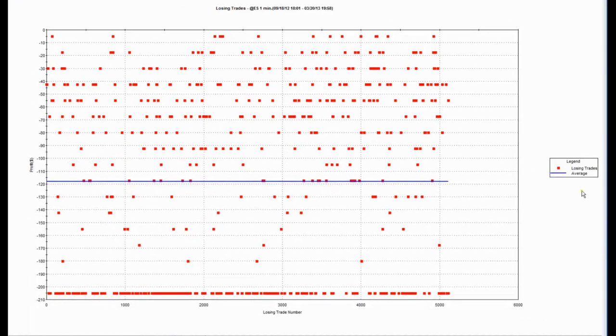All right, so once again we have a scatter plot. On the left-hand side, starting from the very top at 0, no loss, all the way down to our 200 plus 5 for our commission. You see these are the full stop losses, and there's still a fair number of them. But unlike the profit targets, we have a whole spattering now of different losses, and that's due to the timed exits.